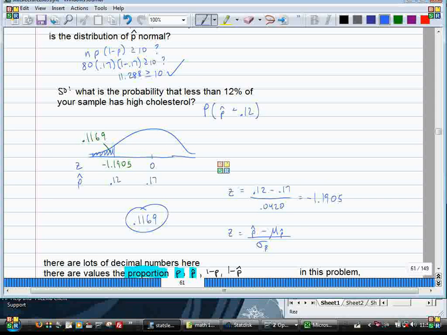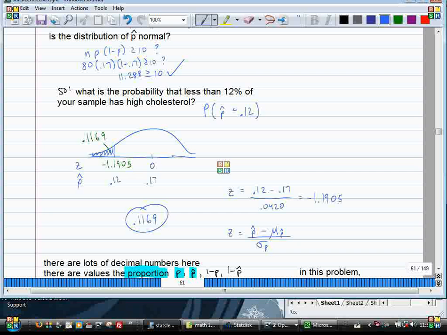What do you think? Oh, probability. 0.12 is a proportion because what are you talking about? 12% of your sample. That's a proportion.